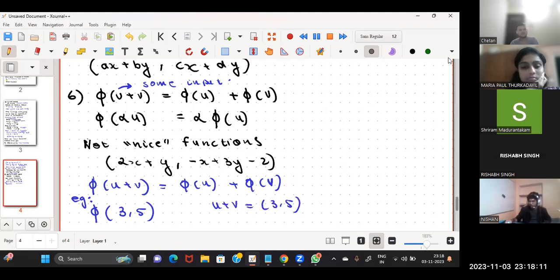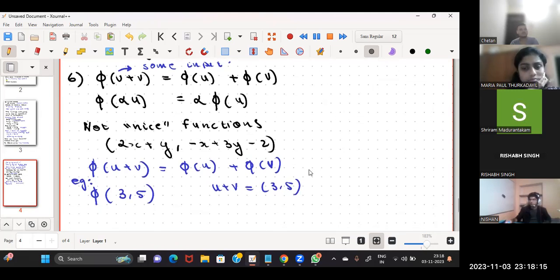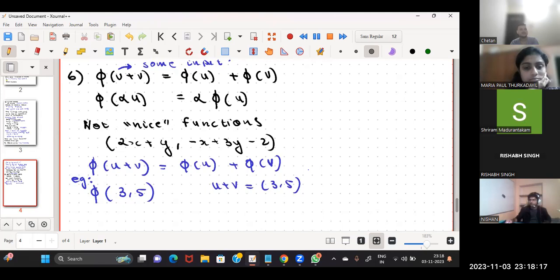Oh, this is not u plus v. You'll have to take two inputs to prove that. You have phi of u plus phi of v. What are you going to do there? Just take two inputs that satisfy this condition.